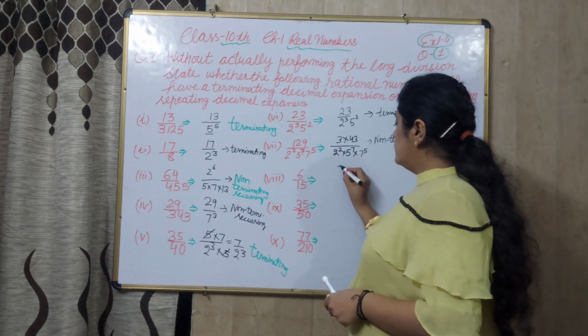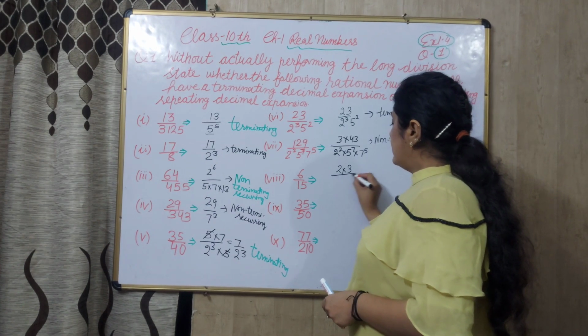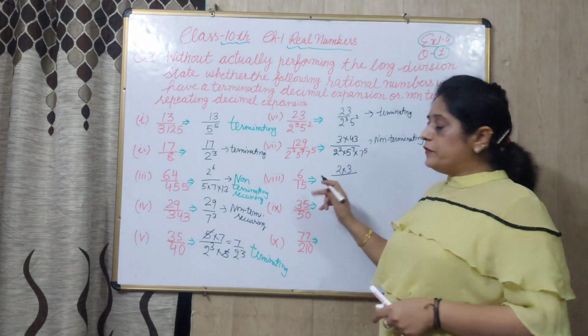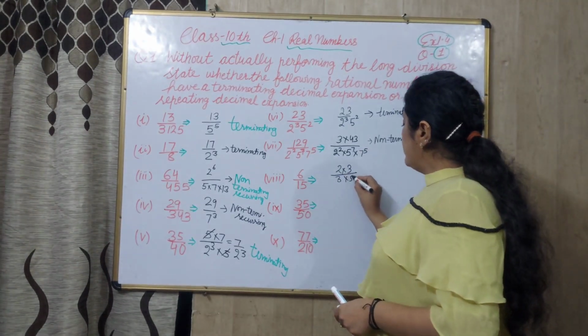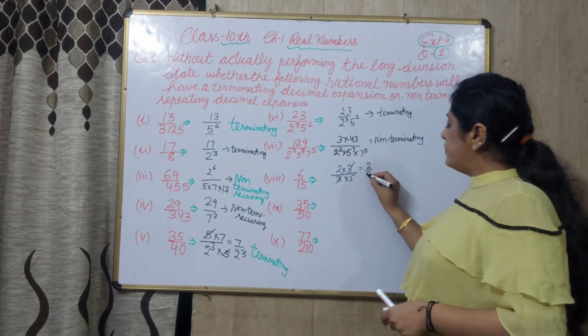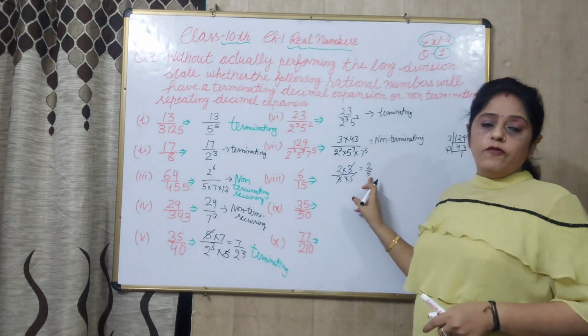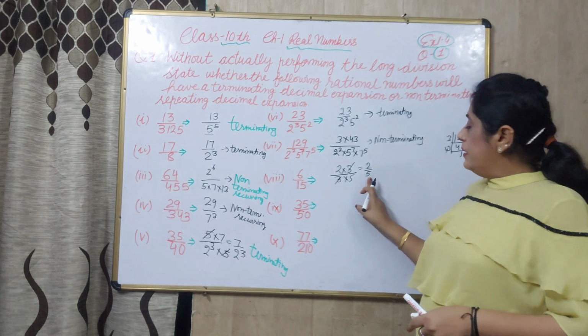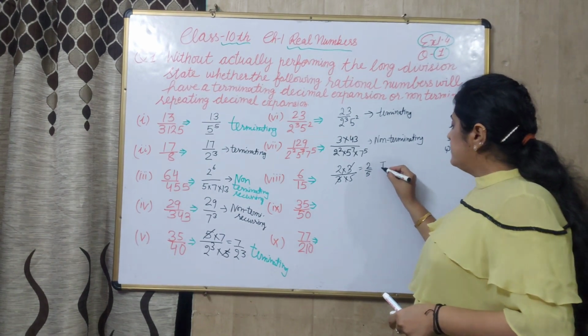Now 6 upon 15. 6 is 2 multiply 3, and the factor of 15 is 3 multiply 5. 3 cancels with 3, giving 2 by 5. Your Q is in the form of 5, so it is terminating.